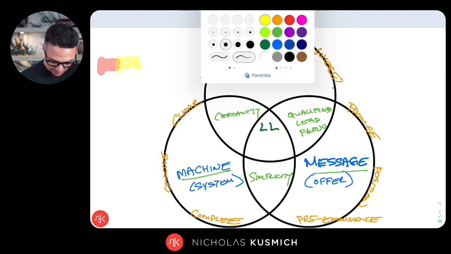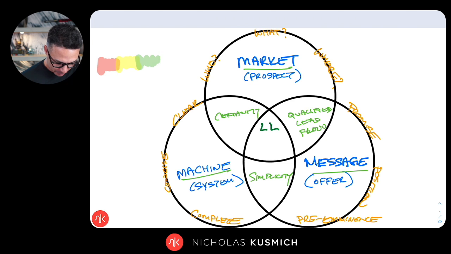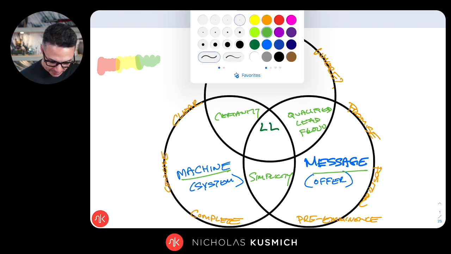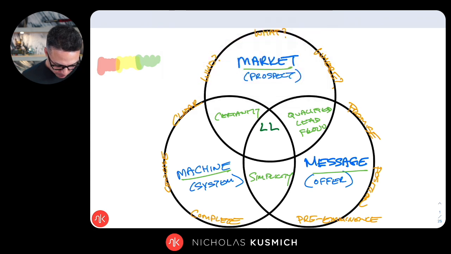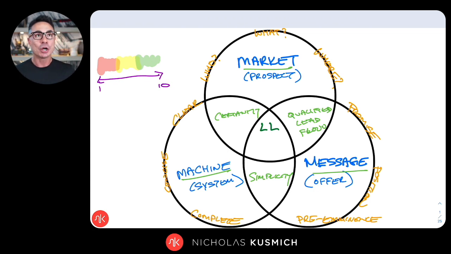So if I'm just going to draw that out there, red, yellow, green. And then if we simply had a line from 1 to 10, you need to rank yourself in these elements.